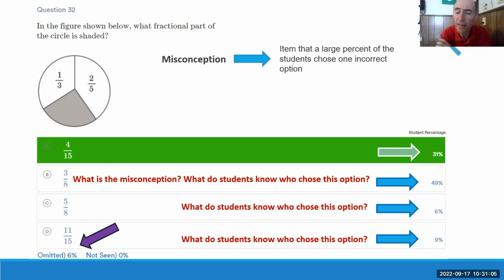And I think, Amy, you said this, right? The students who made this mistake seem to have had the logical reasoning. They got it right. They knew that they had to add the fractions. They added incorrectly.